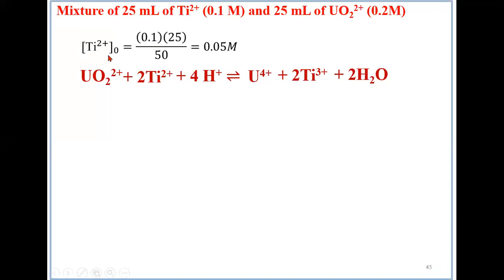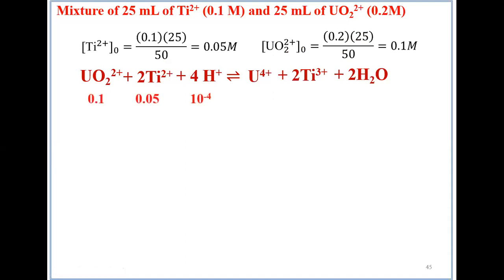We use the titanium oxide, 25 mL times its original concentration divided by the total volume, which is 50 mL. The deuterium oxide is also 25 mL of a 0.2 molar concentration divided by the total volume, 50 mL. So get the initial concentrations. That's the ICE table, the initial row.